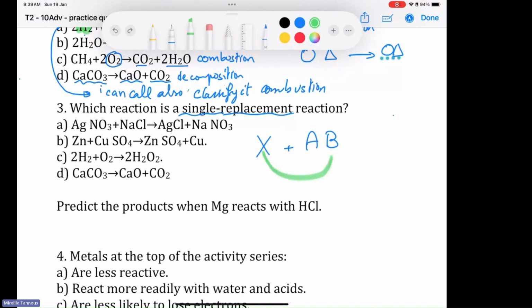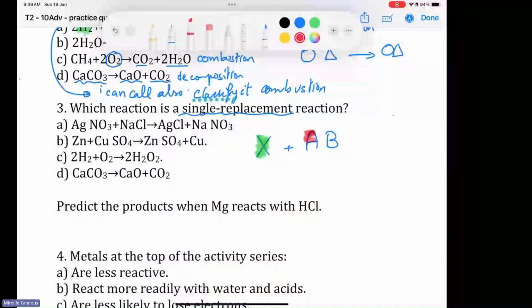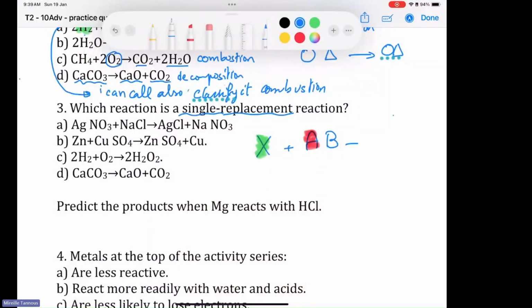If it is a non-metal, we will check if it can replace the non-metal in the compound. If X is a metal and is more reactive than A, then X will replace A, and instead of AB, you will see XB and A alone. So this is the single replacement.